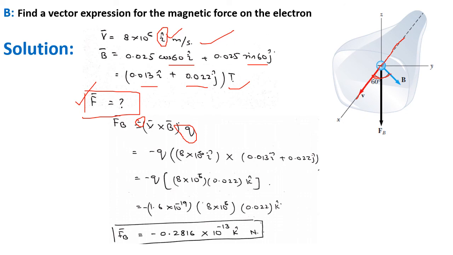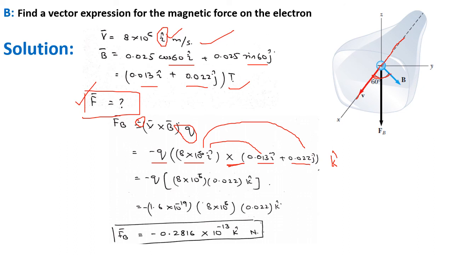So for vectors, these signs are very important. So I have written minus Q, 8 into 10 to the power 6 unit vector i multiplied by B, that is the cross product with B. So i cross i will give me 0 and i cross j will give me unit vector k. So I can write minus q into 8 into 10 to the power 6 into 0.022 unit vector k. That is i cross j gives me k.